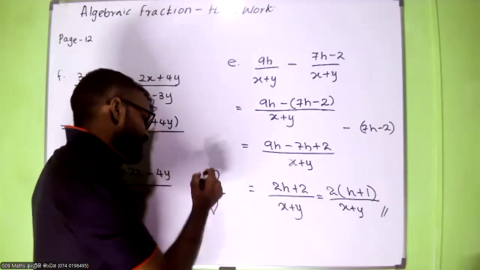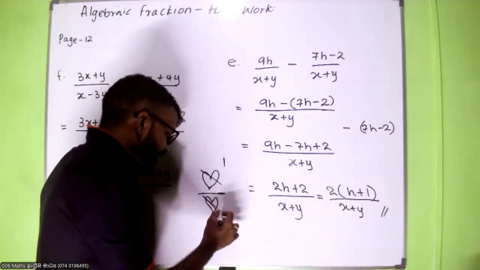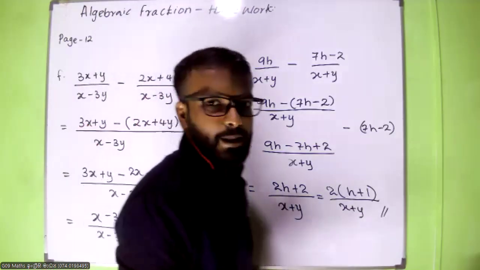You can divide that term by the same term. You are cancelling out. Term times 1, term times 1, 1 over 1. The answer is what?